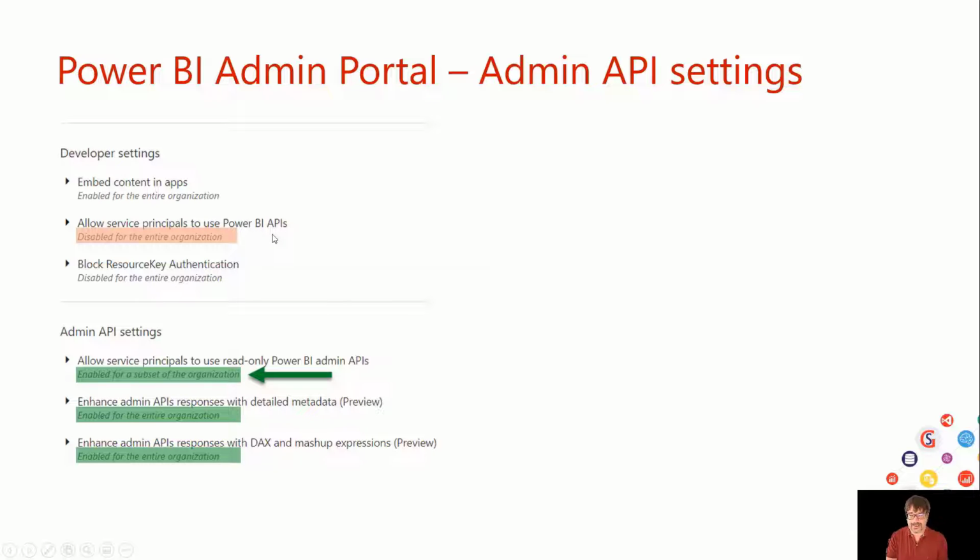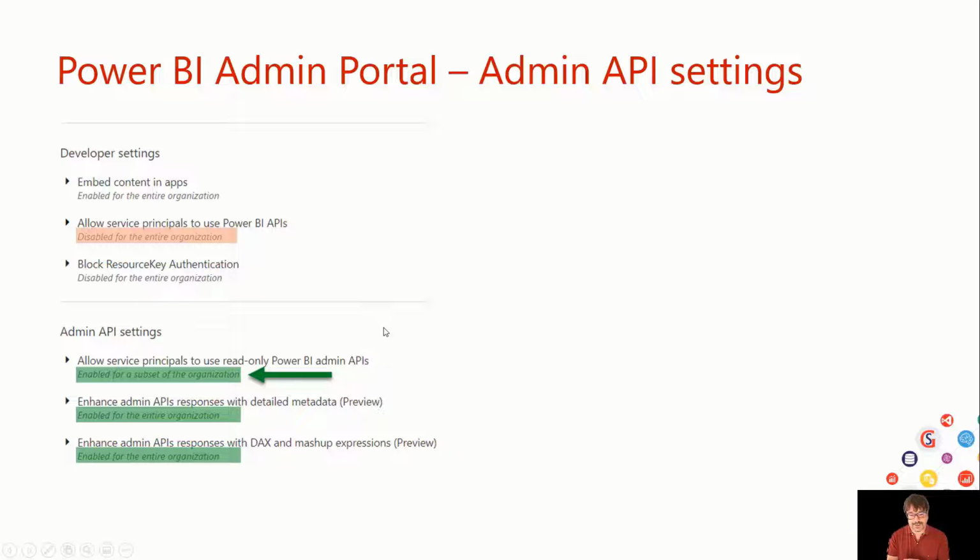So Power BI APIs basically can do a lot, can create things, and creating also sometimes means or often means deleting things. And for this reason, maybe it's not a good idea to allow service principal in general using all Power BI APIs.